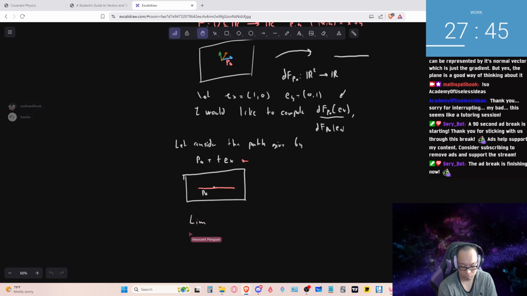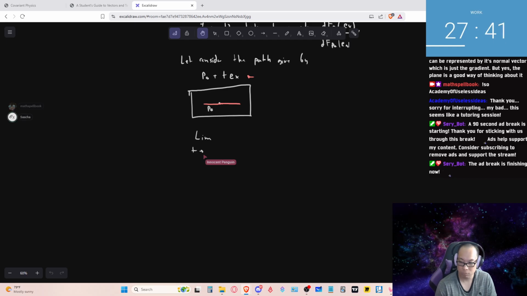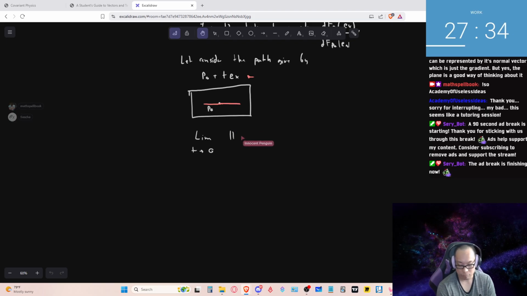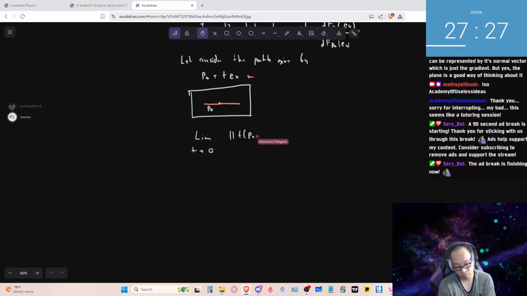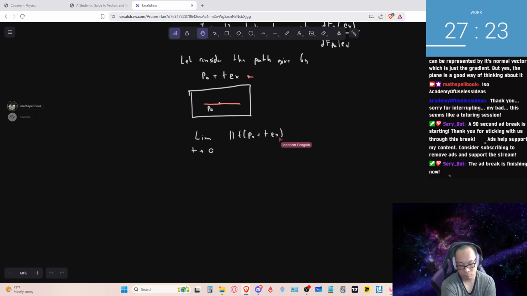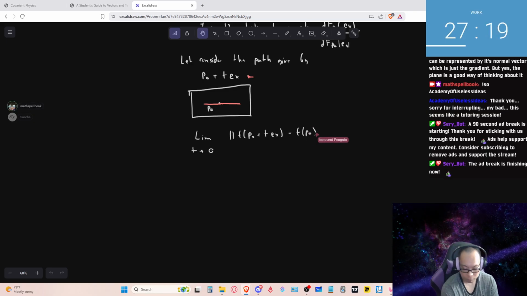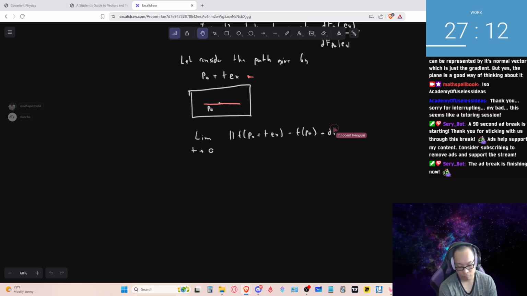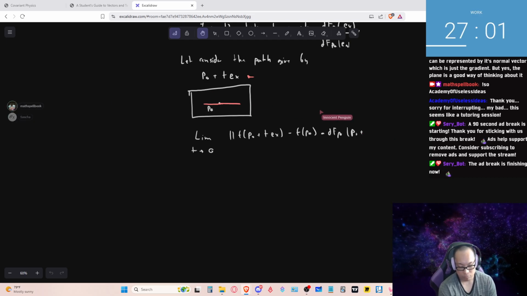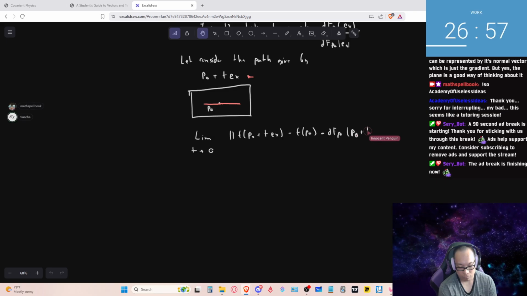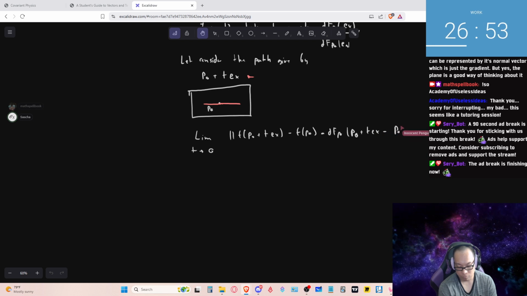So now my limit from above, if I consider this path, will be, when t goes to 0, of the p0, here I have to write everything minus the point, so I will get minus P0.